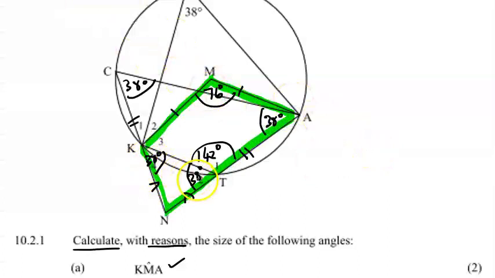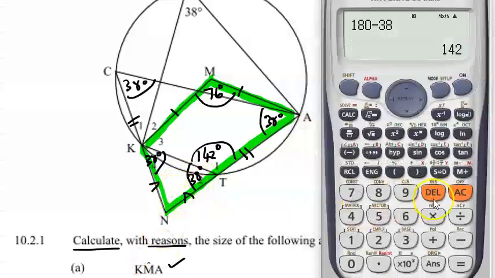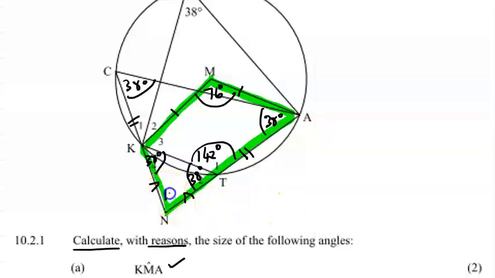So if that's 38 and 38, what do we have here? Let's see. We can solve for N, right? That'll be 180 minus 38 plus 38, and that's equal to 104 degrees. So we're at 104 degrees.